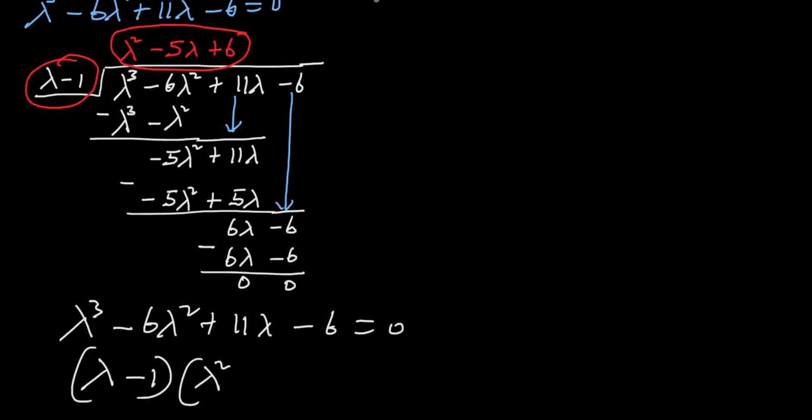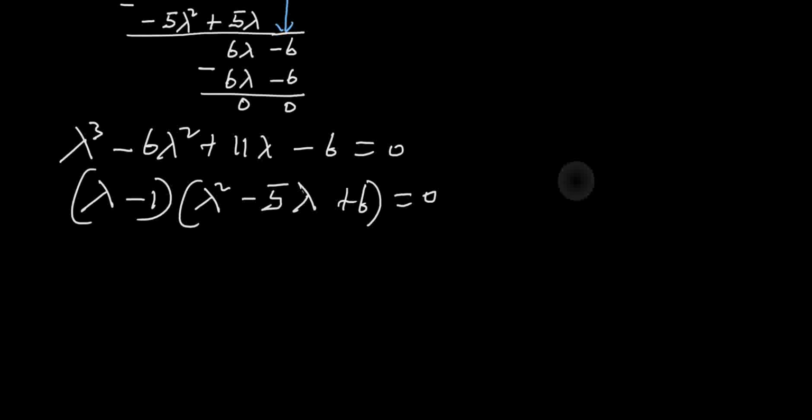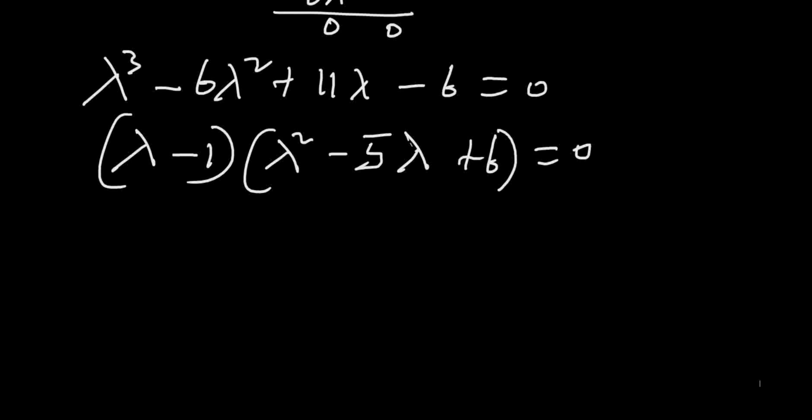Lambda squared minus 5 lambda plus 6 equals 0. So now you can see that this is quadratic, and we also need to factor this.